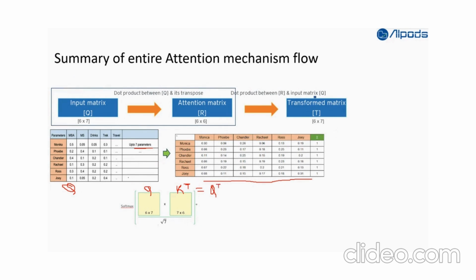So we calculate dot product between both the matrices, and we divide it by the square root of number of parameters, right? And finally, we use a softmax function on the resultant values. So what softmax function does, it applies an exponential function to each of the values that we get from this calculation, and it normalizes in such a way that converts those values into probabilities that add up to 1.